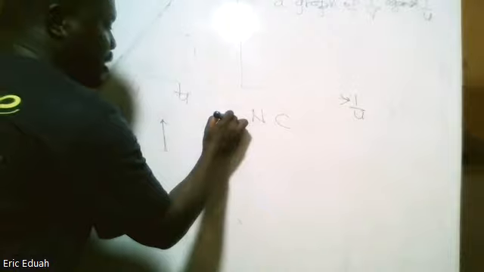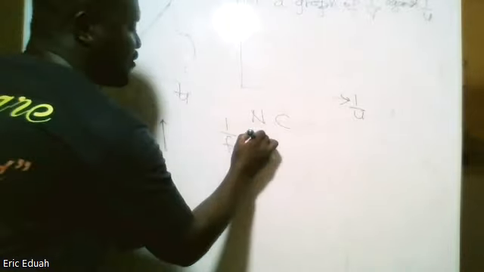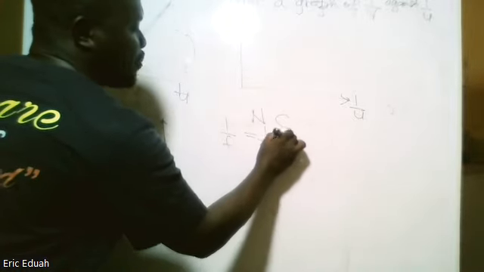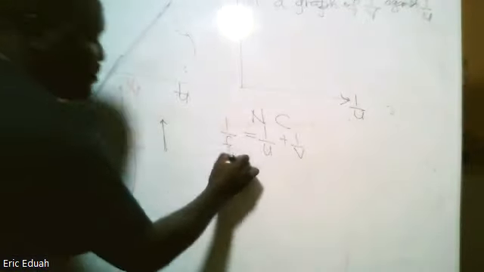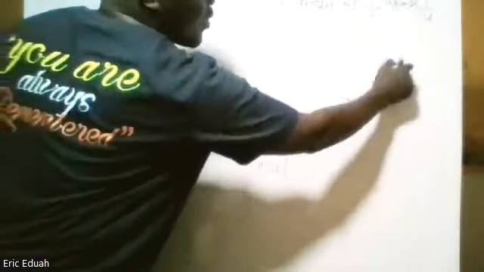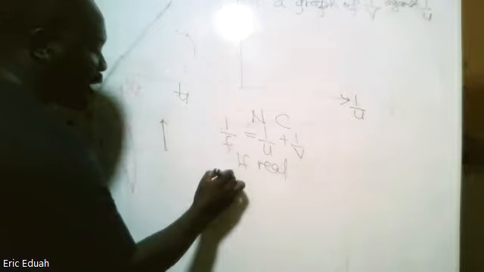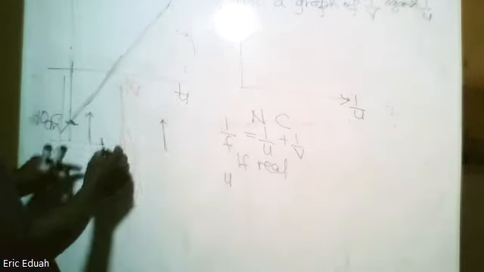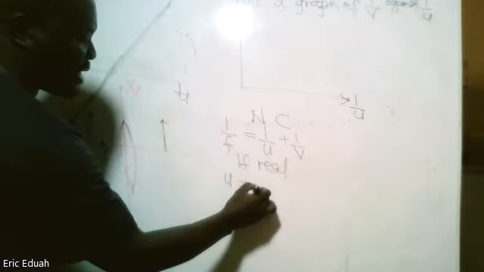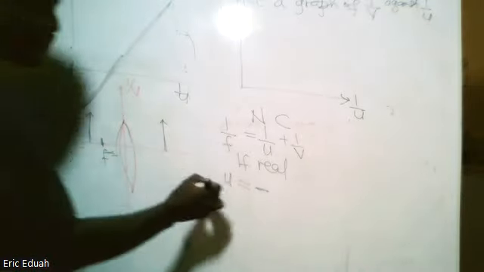So using the equation of a lens, 1 on F equals 1 on U plus 1 on V. If the image formed is real, and here it is a real image because we captured the image on a screen, then it means that per the position, this is the lens, per the position of the object, U is negative because U would be in front of the lens.